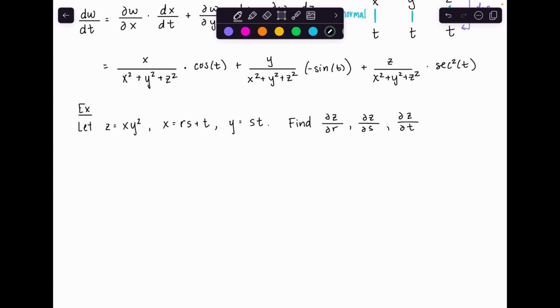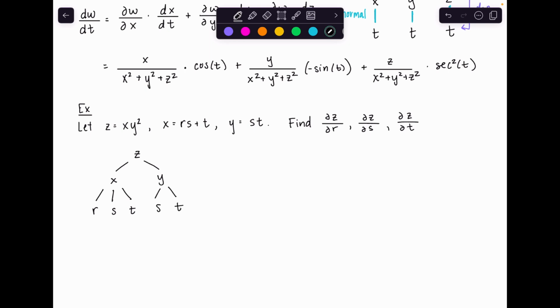So drawing my tree diagram, z is my topmost variable. It depends upon x and y. And then x depends upon three variables, r, s, t. Y depends upon two variables, s, t.